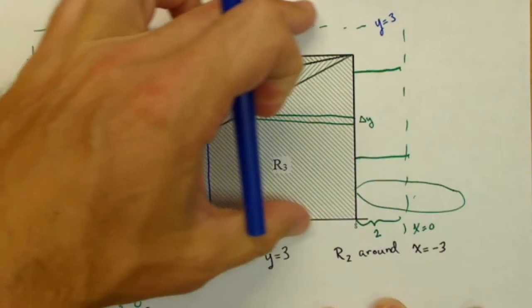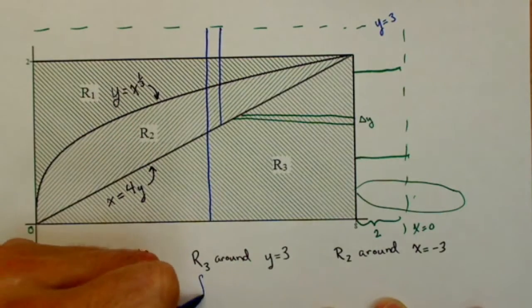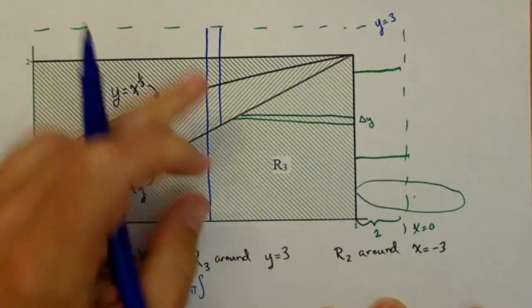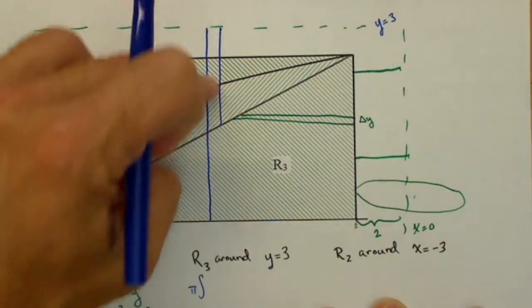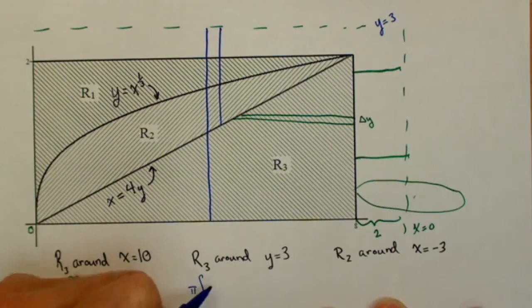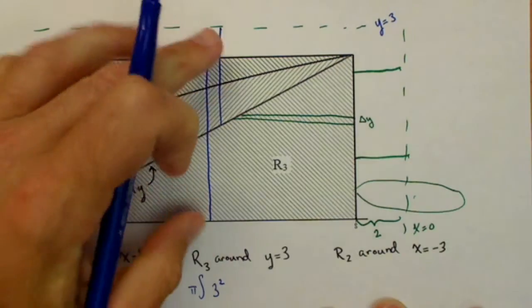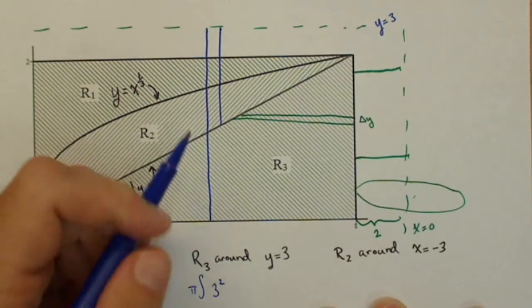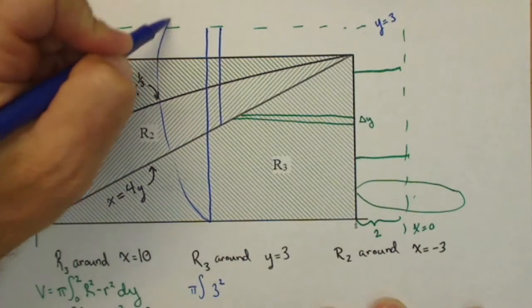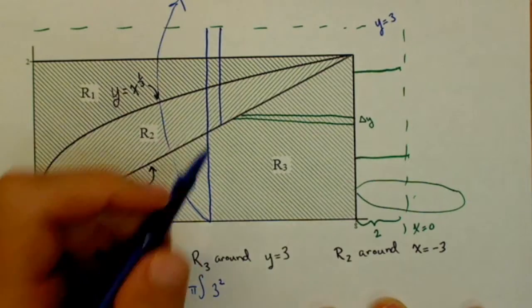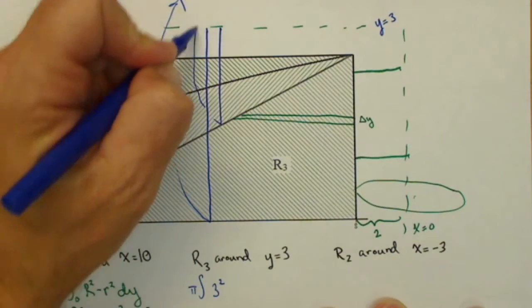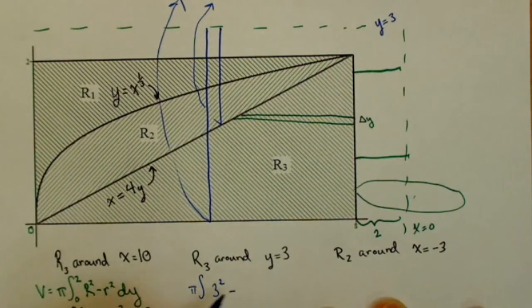No matter where I look, it doesn't change. We like that because that means our large radius is just going to be a constant. In fact, it's going to be 3 units. So 3 squared, because this is getting revolved around this way, off the paper there. This one is also going to get revolved around that same way to create the open center.